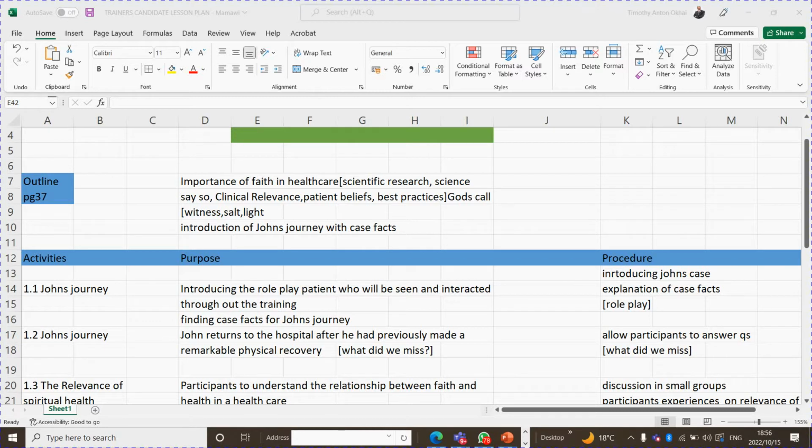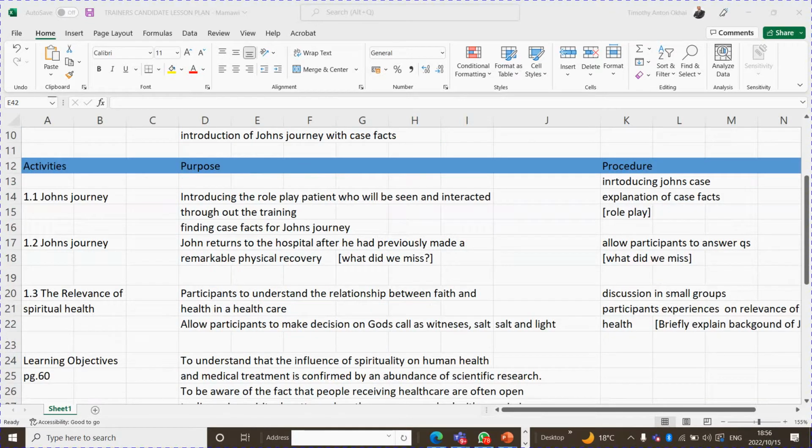So I'll go to activity 1, which says John's journey. The purpose is introducing the role play patient who will be seen and interacted with throughout the training, finding case facts for John's journey. John returns to the hospital after he had previously made a remarkable physical recovery. And we'll look into a question: what did we miss?